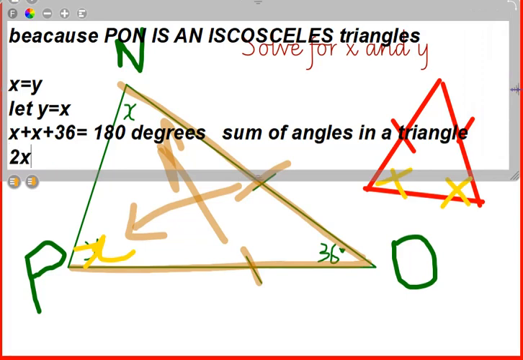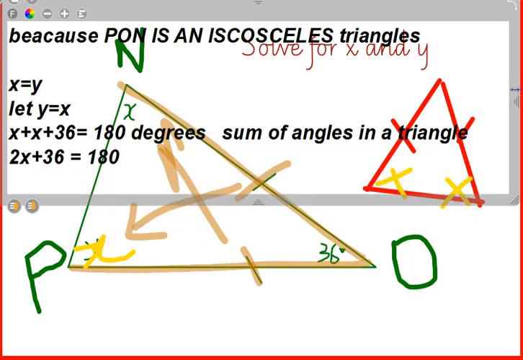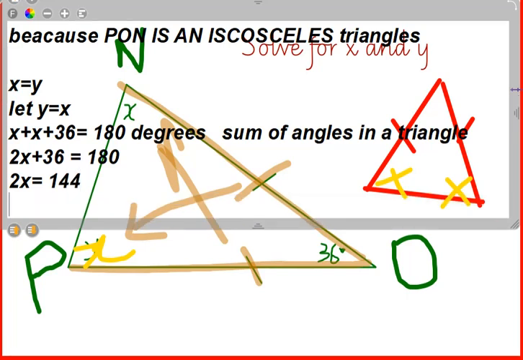So 2x plus 36 is equal to 180 degrees. If we make 2x the subject of the formula, we take 36 over, so it's going to be 180 minus 36, which is 144. And if we divide 144 by 2, you get 72. So our x is 72 degrees.